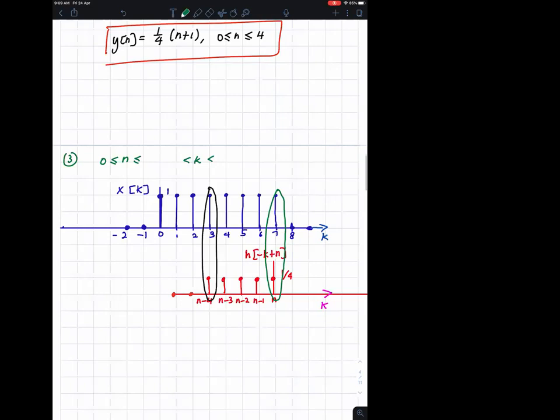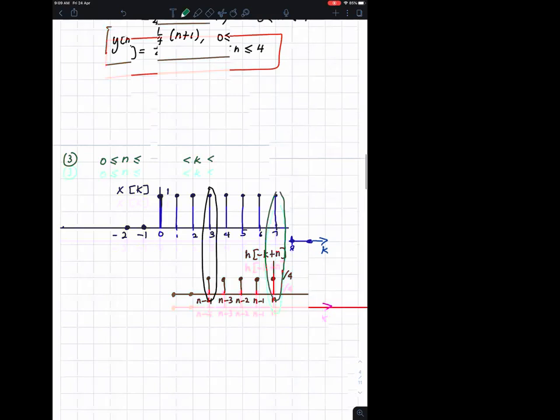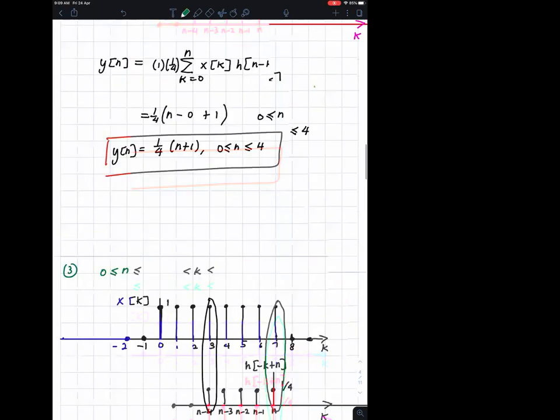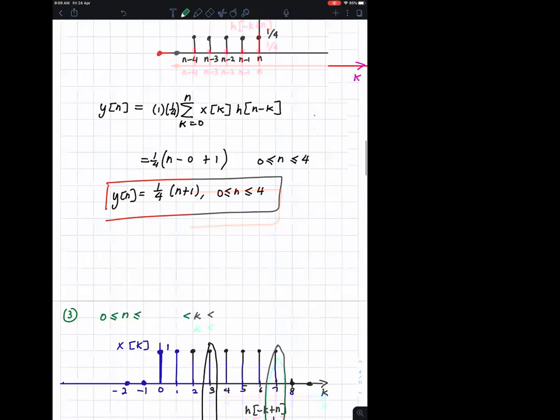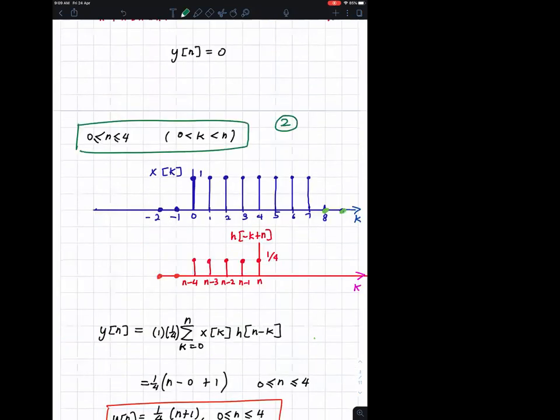Okay, first one, look at it carefully. First one, we are aligned here. So what was the limit for n? Clearly, when n equals 4, n must be less than or equal to 4.